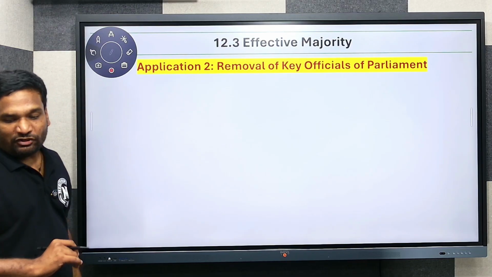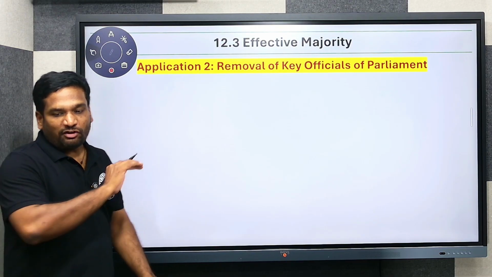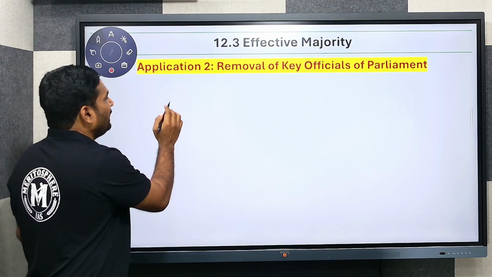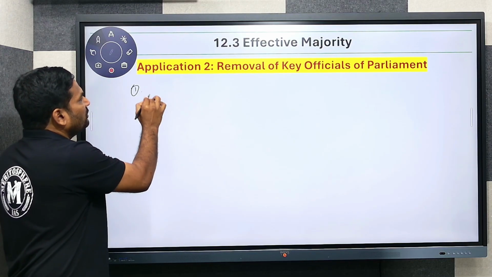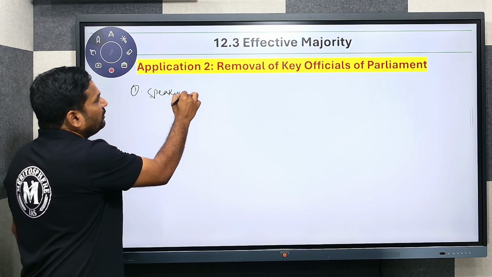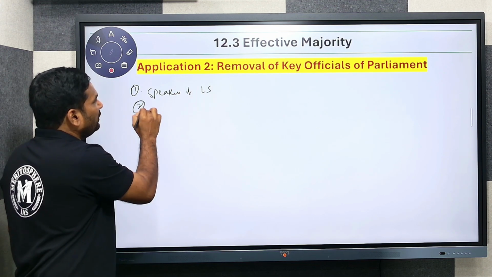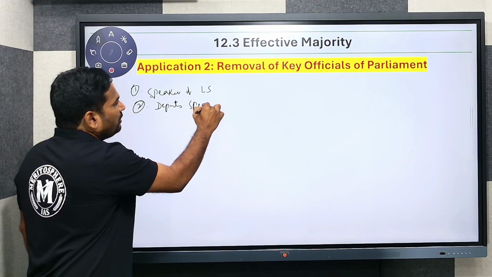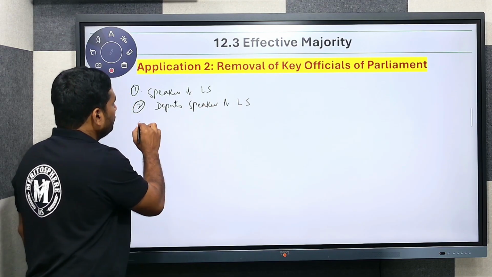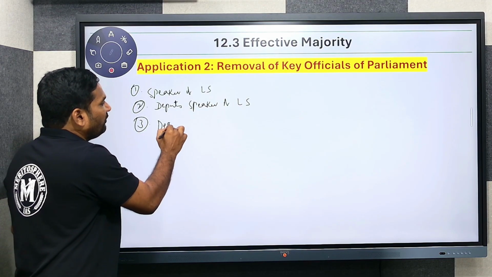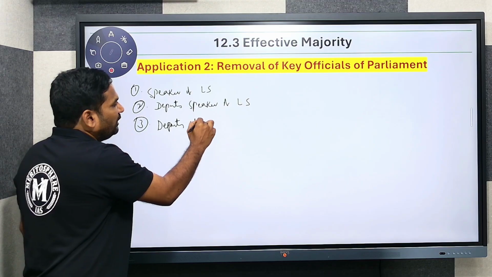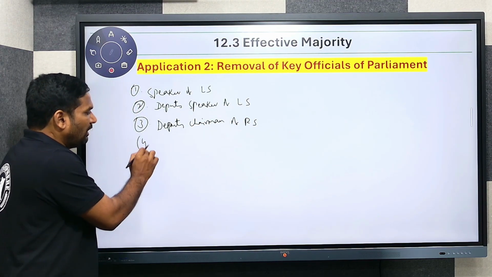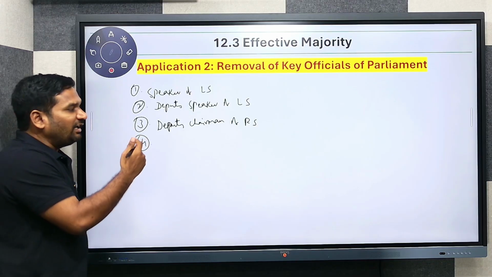So, removal of key officials of Parliament. I have said that, so I will write it like this. Speaker of Lok Sabha, Deputy Speaker of Lok Sabha, Deputy Chairman of Rajya Sabha. Now I'm writing about the state legislature.